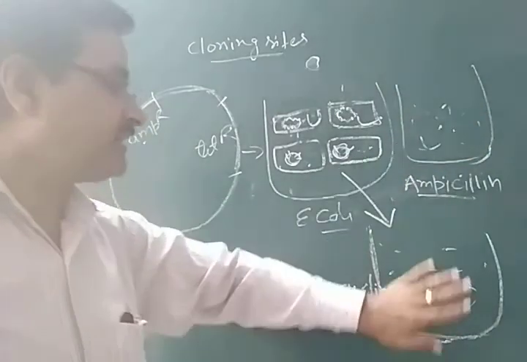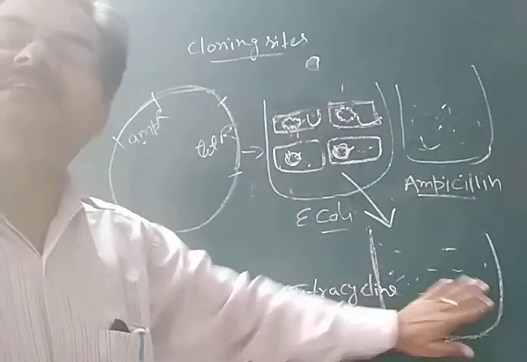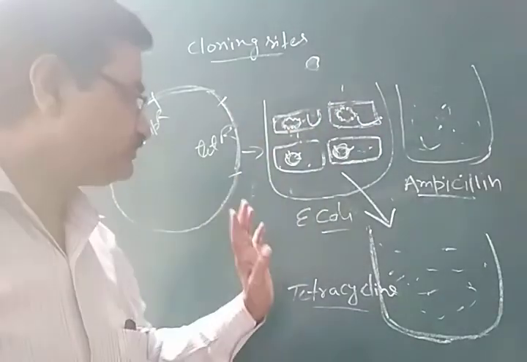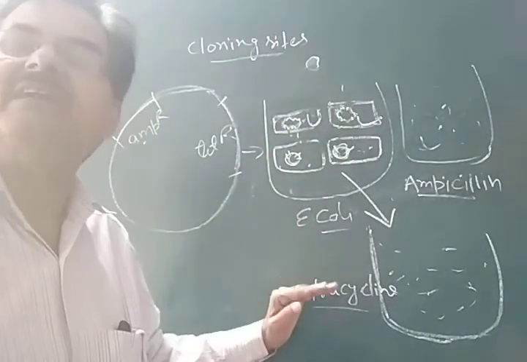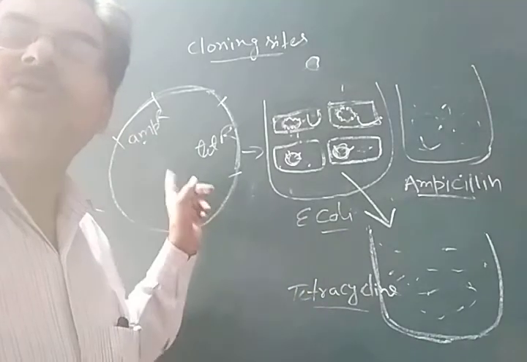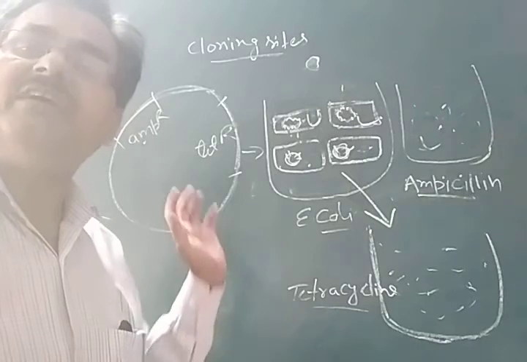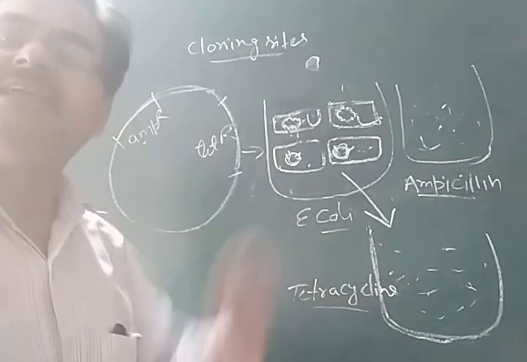containing medium but cannot grow in the tetracycline containing medium, because in these recombinants there is no resistance against the tetracycline, because the foreign DNA is ligated in the tetracycline gene, and this causes the inactivation, or insertional inactivation.